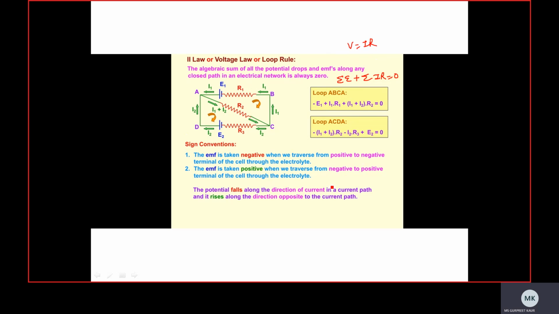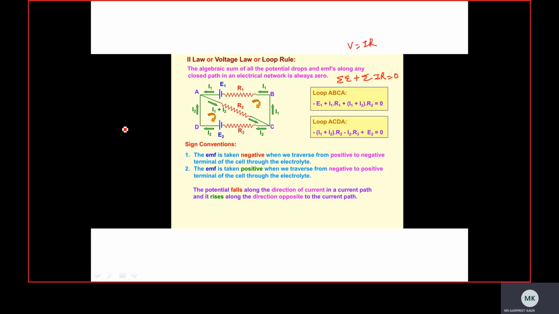So when the direction of current is the same as your direction of traversing the loop, there is a fall of potential across the resistance. Fall of potential will be taken with a negative sign. So it will be minus I1 plus I2 into R2.